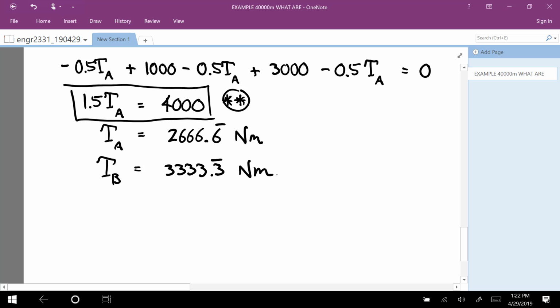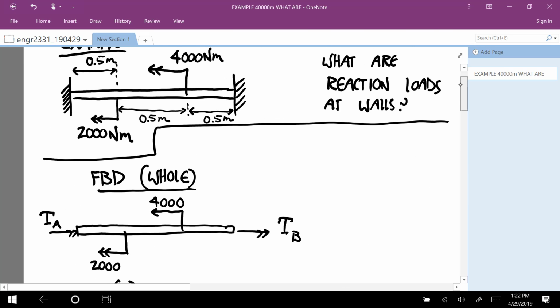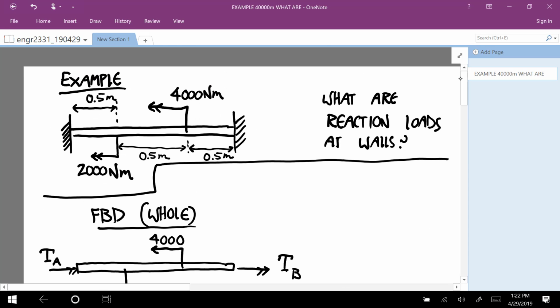What happens if you look at the point on the end? That's going to make it more complicated. Well, it depends on the problem. In this case, if this fixed joint was replaced by a pin joint, then you'd be happy because you do your statics and it would be statically determinate and you'd be done.